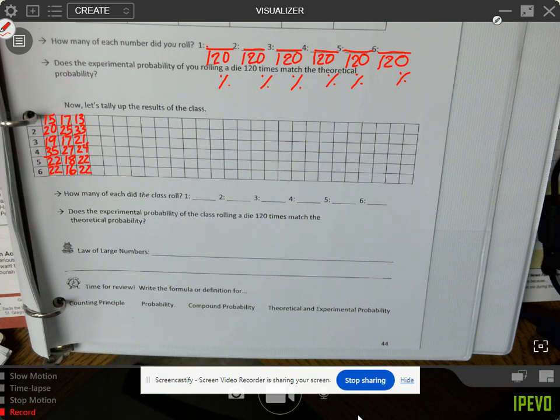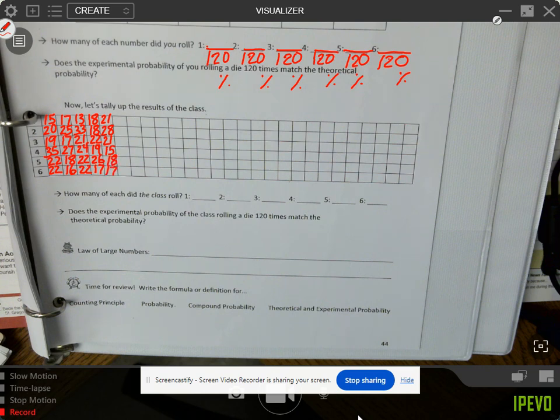Callie. 18. 18. 22. 19. 26. And 17. Melanie. 21, 28, 21, 15, 18, and 17.